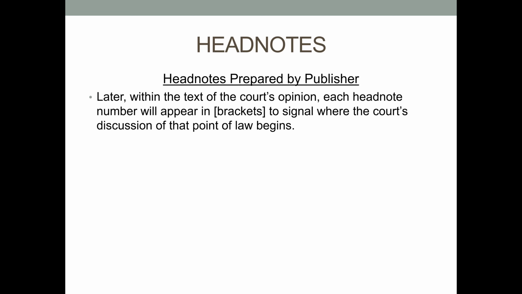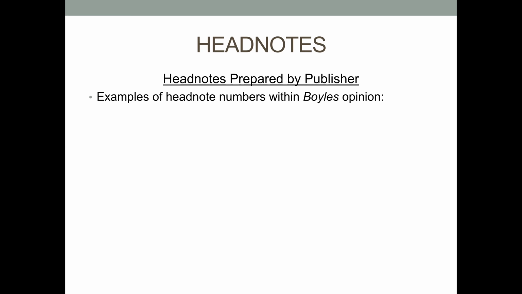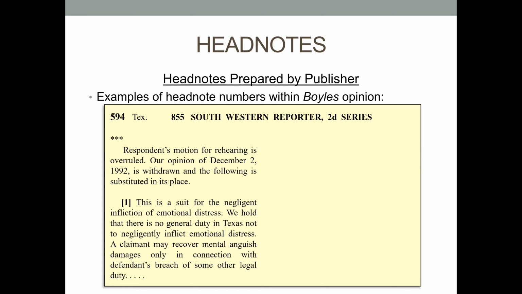And that signals that at this point in the opinion, the court is about to discuss the point of law that is summarized in the head note that has that head note number. So here's an example of what a head note number would look like within the opinion, so that you'll know where the court's discussion of that particular point of law begins.